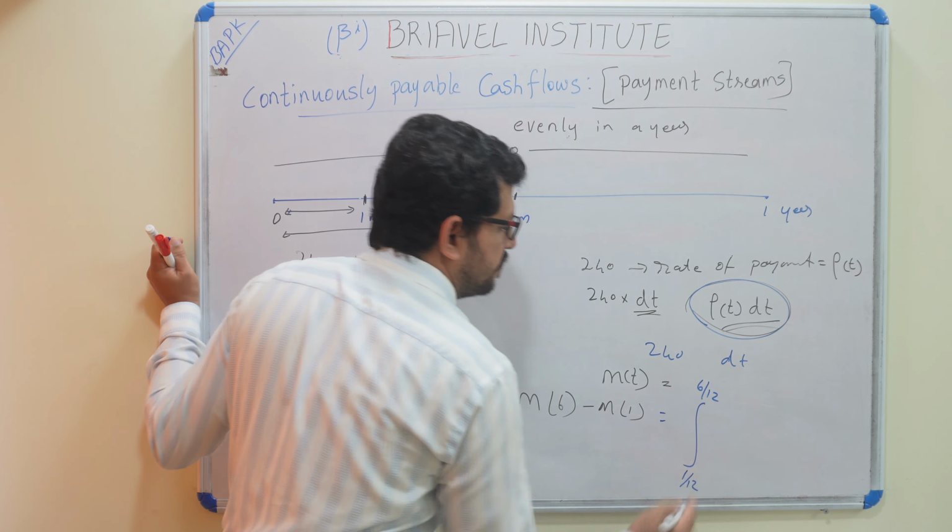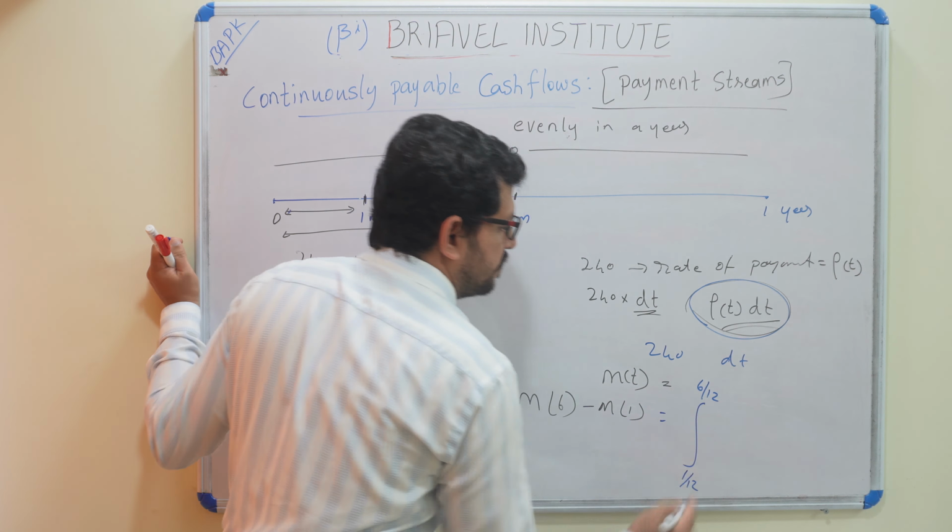So 240 times 6 by 12 minus 240 times 1 by 12 gives 100. This is the total payment in a particular time, from 1 month to 6 months.